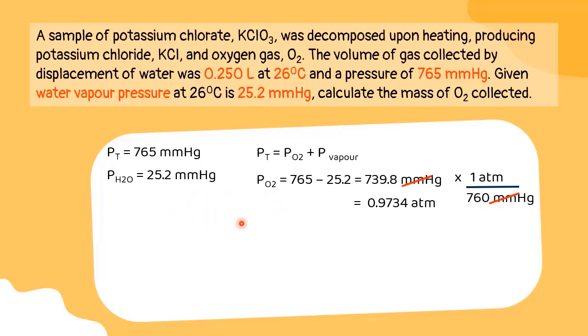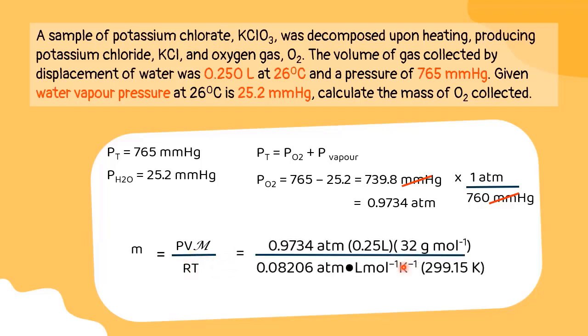But to be specific, since we want to find only the mass, we can modify the formula to become mass equal to pressure times volume times the molar mass of O2, divided by the gas constant R times the temperature in Kelvin. So we need to substitute all the values.